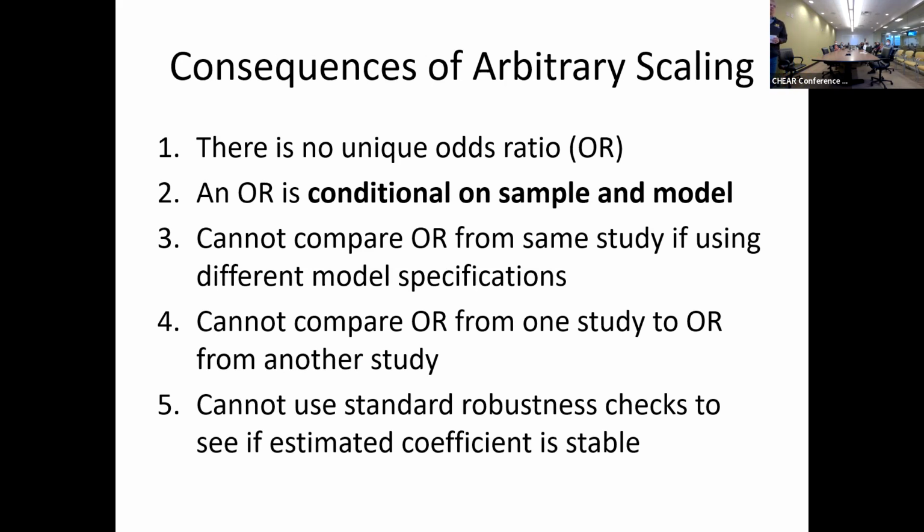And because of that, you cannot compare odds ratios from the same study using different model specifications. They're not comparable anymore. It's like different currencies. Nor can you compare an odds ratio from one study to another study that is using different data sets. I have a Medicaid data set, you have a Medicare data set. We run the same model with the same variables. Our odds ratios cannot be directly compared in magnitude.